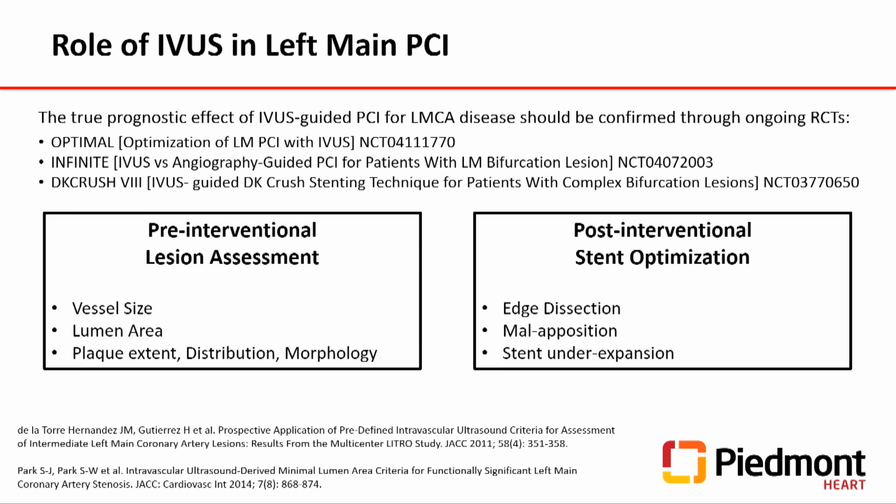But regardless, I think most of us would agree that in 2022, you should not be doing left main PCI without imaging, both for pre-interventional lesion assessment as well as post-interventional stent optimization.